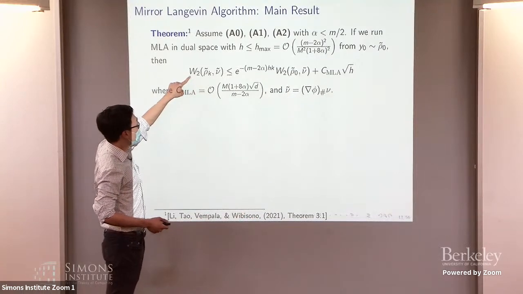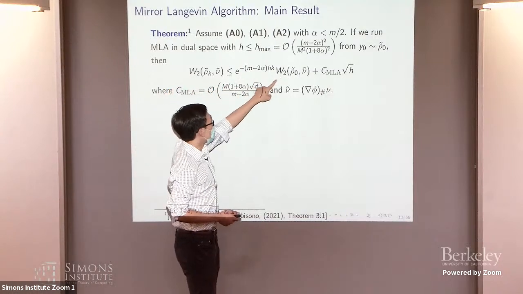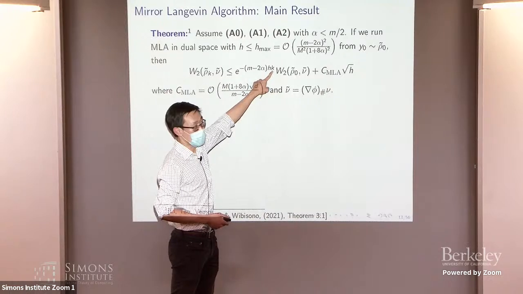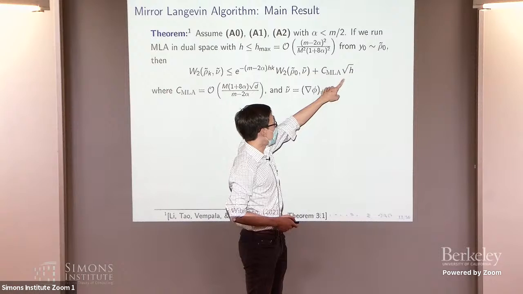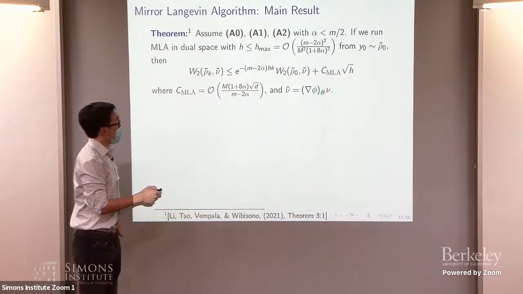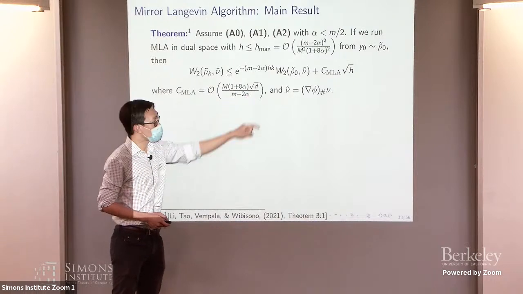So your W2 distance is bounded by the following. There is one term that goes to 0 with k, with the iteration. And then there is another term that scales with the square root of the step size. So this is the bias term. And moreover, this constant c is also explicit. It's on the order of square root dimension.